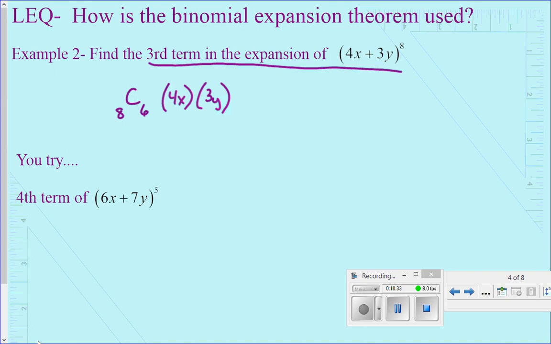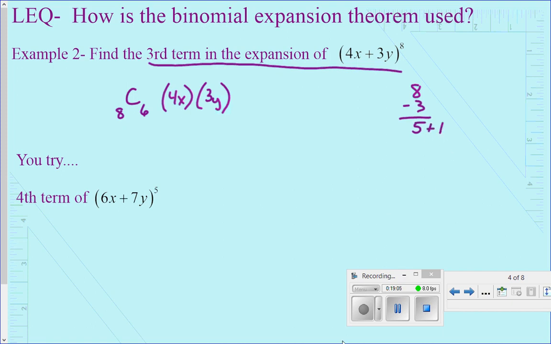So if you think about that a second, hopefully you'll realize, and in most classes students realize, this is similar to when we were doing sigma notation, where we wanted to know the number of terms. If you recall, we took the upper index minus the lower index and we added on 1, and that told us the number of terms. Well, similarly, if I take the number that I'm expanding to, which is 8, and I subtract the term that I want, which is the third term, and I get 5, I add 1, just like we did with that upper index minus lower index.